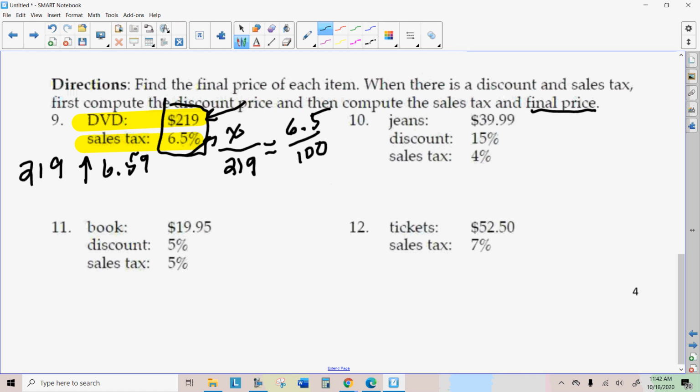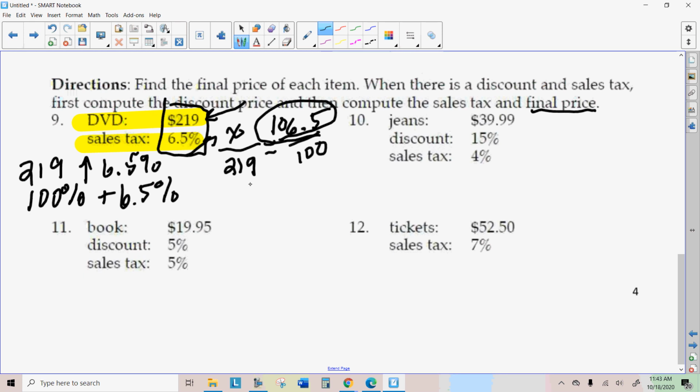Now you can do that by simply thinking about your original 219 as 100% plus an extra 6.5%. So if you want to just get the final price all at one shot, just use the 100 plus 6.5% for your percent.